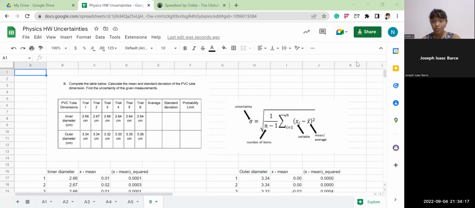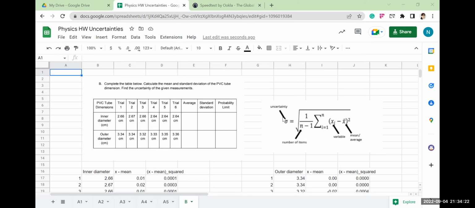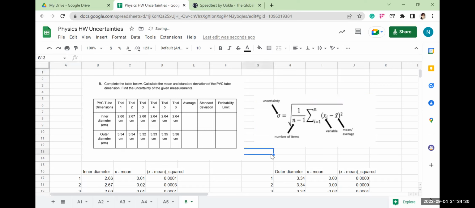Okay. So based on your formula, let's talk about the inner diameter. You're looking for standard deviation. Which one is the standard deviation based on your formula? Yung uncertainty. What is N? Number of items. What is the number of items? 6. Very good. What is xi? Variable. What is the variable? Hindi ko sure.